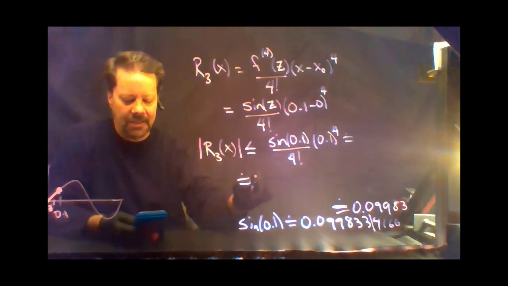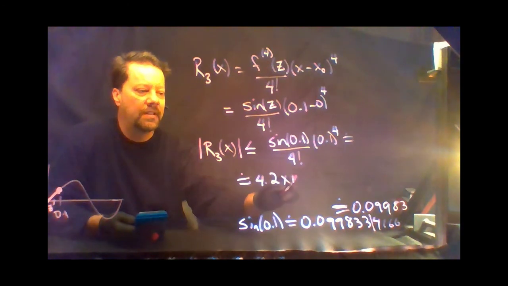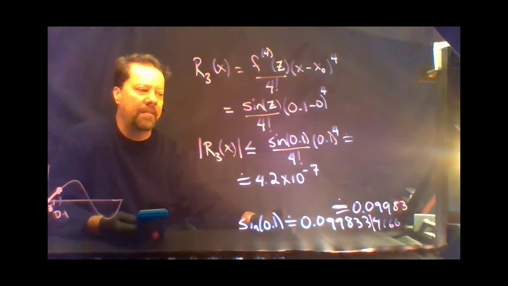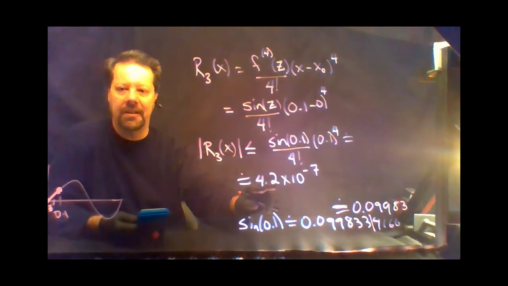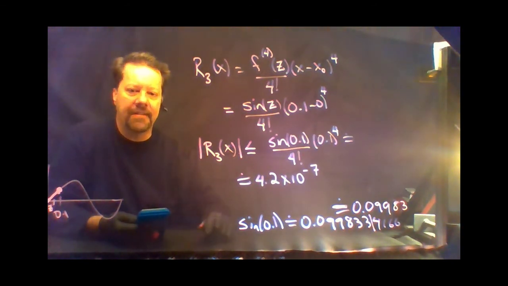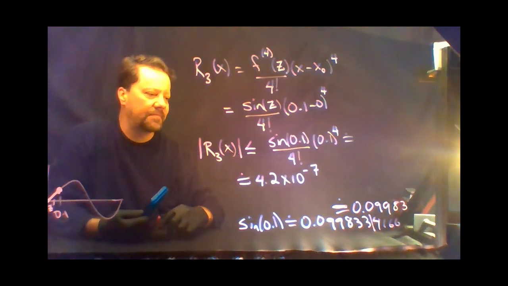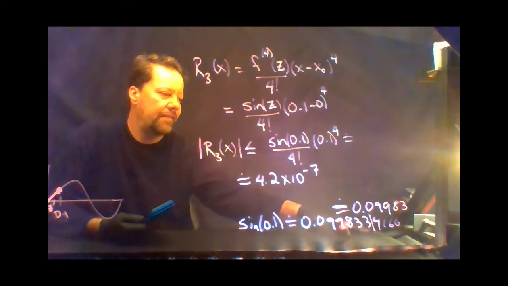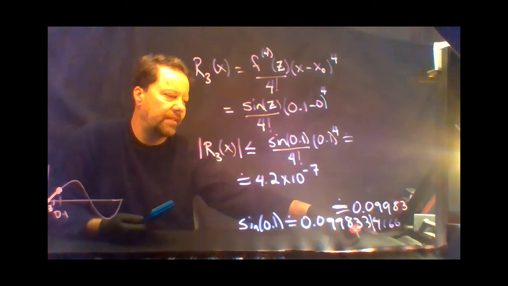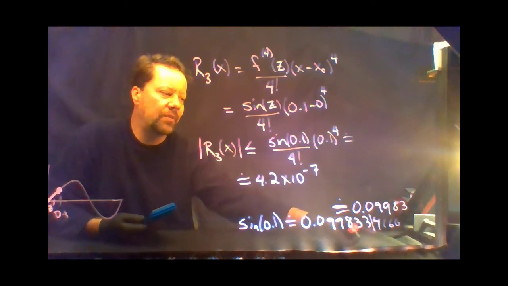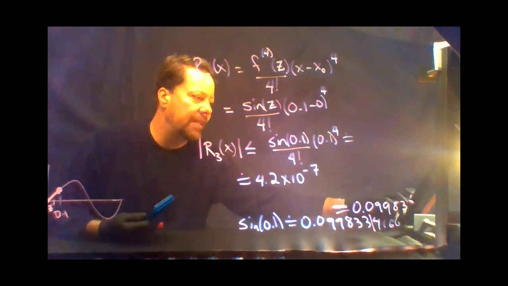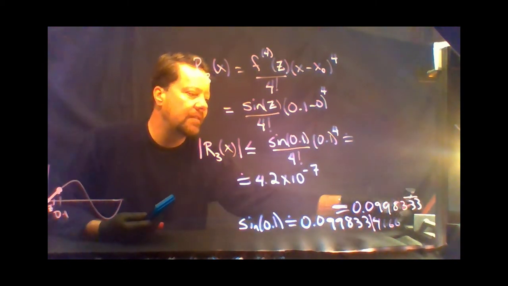My calculator tells me that we have 4.2 times 10 to the negative 7. We're off by at most a 4 in the 7th decimal place. 1, 2, 3, 4, 5, 6, 7. We're off by only a 1 because over here we had 3, 3, 3, and so on.